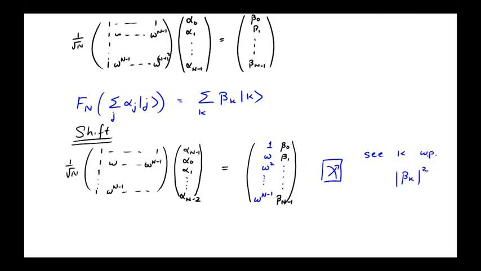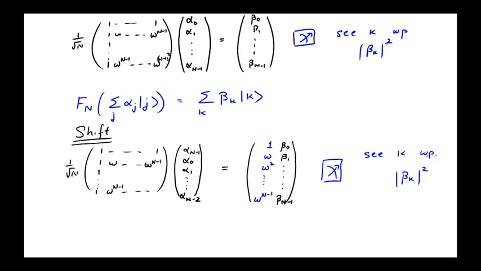Exactly the same as if we did the measurement up here. You see k with probability beta sub k magnitude squared.